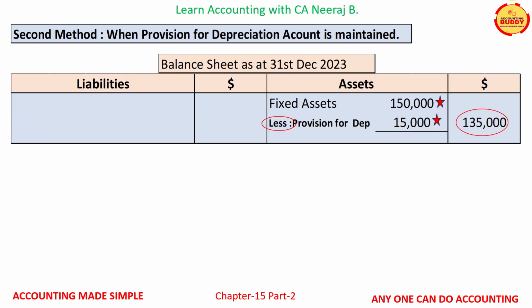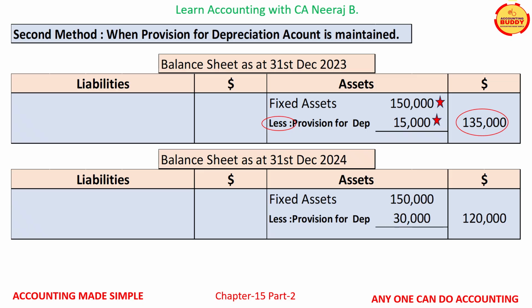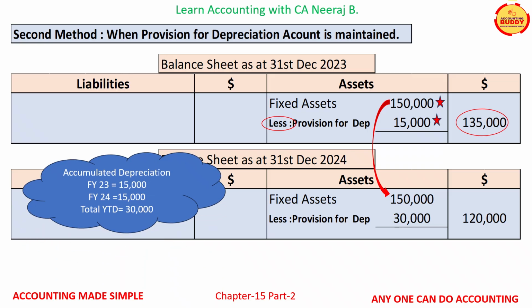in the balance sheet. Now abstract of the balance sheet as on 31st December 24 is appearing on your screens. The purchase price or the original cost of the fixed asset for $150,000 will be written as shown on your screens. Now the value of the accumulated depreciation as on 31st December 24 is $30,000.